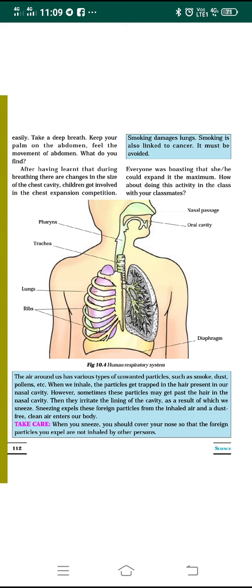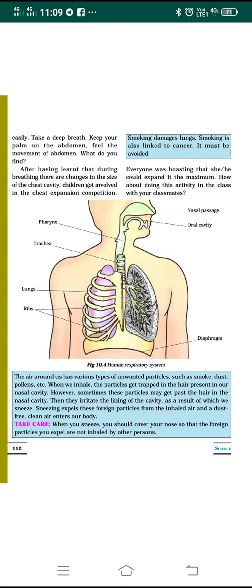Such competitions are usually seen in selection processes, like police exam and army selection, where a chest expansion competition is held, so candidates must have a proper chest size. It can also be held for children so they can enjoy it, thinking about how to expand their chest cavity to the maximum level. This activity may give you some fun.